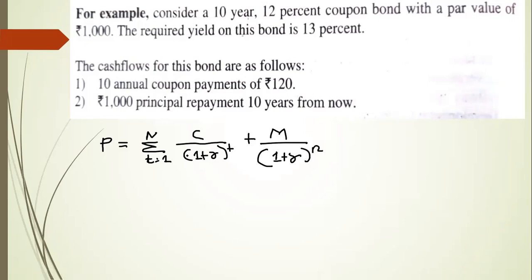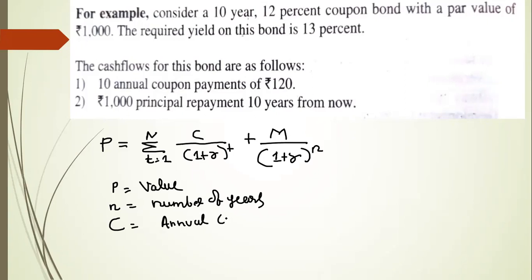Let's see what exactly these are. P is the value we are calculating, and N is the number of years. C is the annual coupon, or we can say interest payment or interest rate.